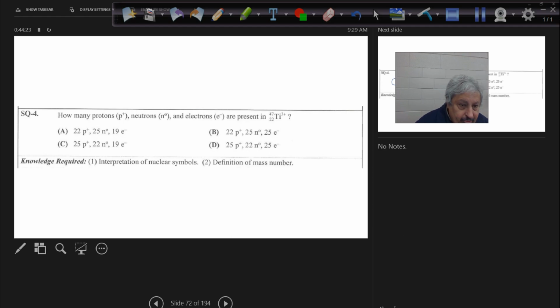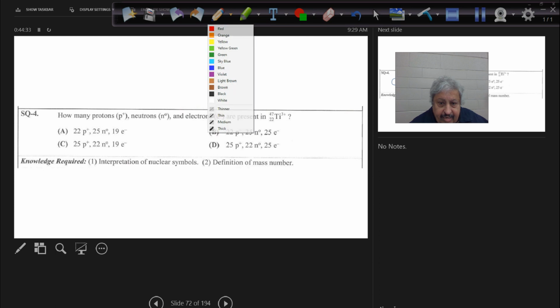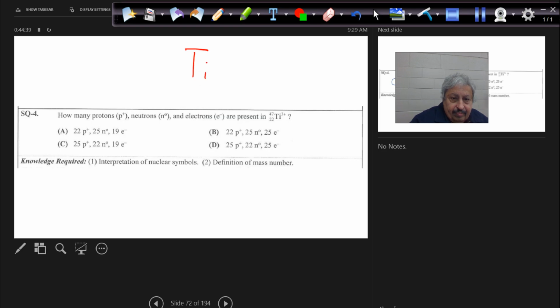How many protons and neutrons and electrons are in the presence of titanium, correct? That's titanium, which is, look at this, titanium 3 plus, and it has 47, 47 and 22.